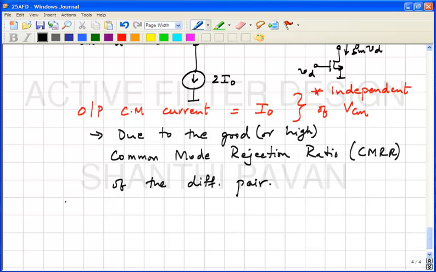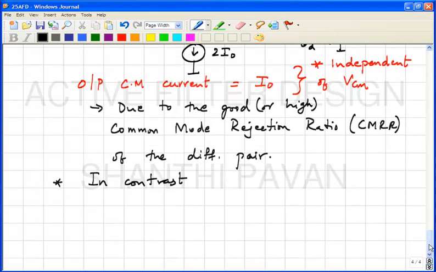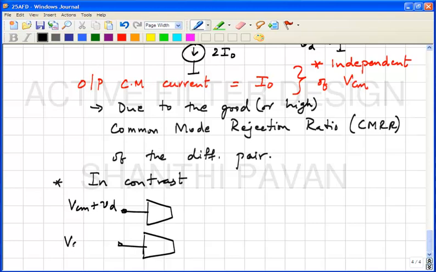Okay. In contrast, what happens to this character? If I just took two single-ended halves, this is VCM plus VD and this is VCM minus VD, this is GM, this is GM.